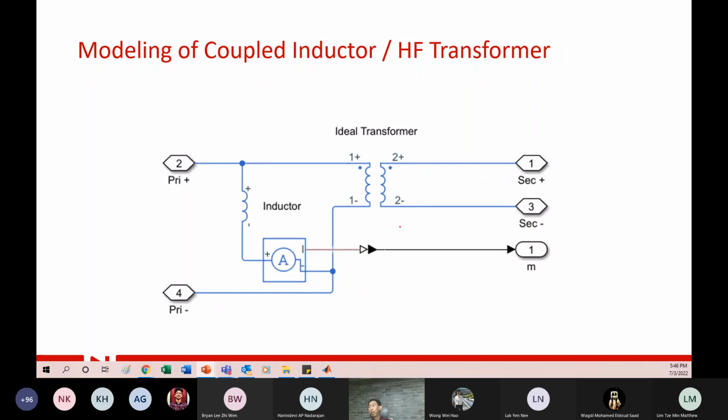You get the ideal transformer, and then you connect a parallel inductor, because it's not a 100% transformer, it's a coupled inductor. So we need an inductor in parallel, and then we measure the current, which is the inductor current. Then of course these are the secondary and the primary, so you can make it a block.